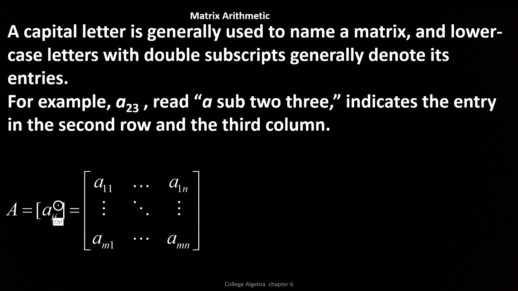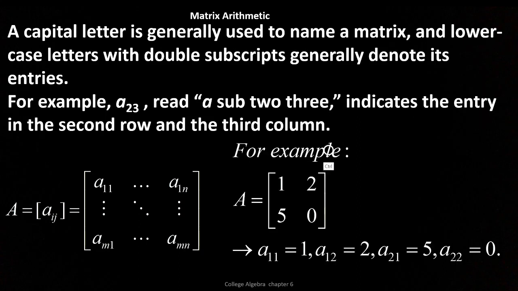i is the row number and j is the column number. All right? So, for example, this is what? This is a 2 by 2 matrix. Usually we put it here, 2 by 2. And this is in order. The first one is the number of rows. The second one is the number of columns.